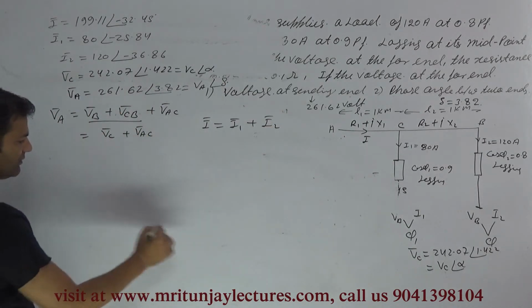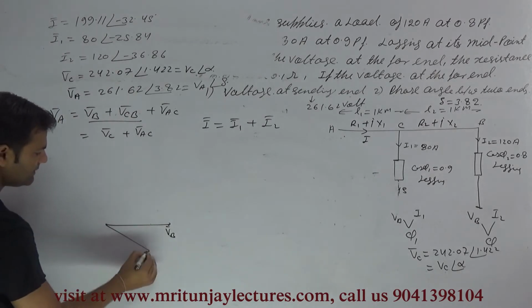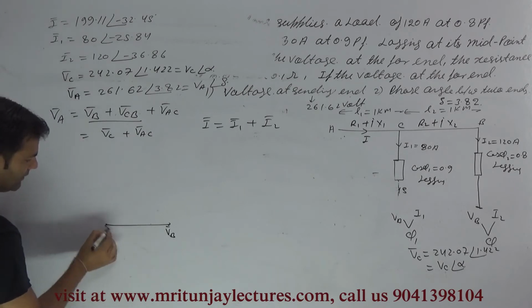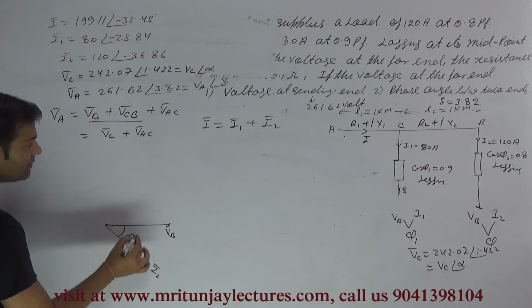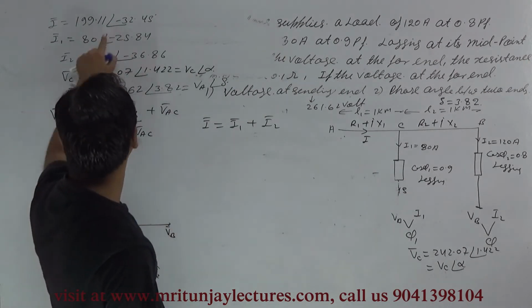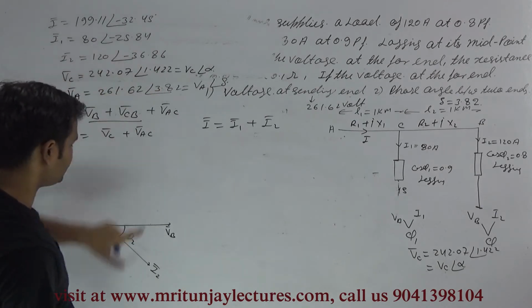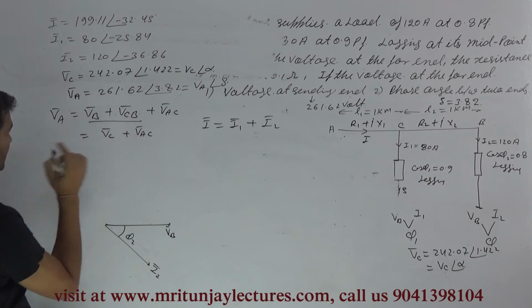So first of all draw VB, and then I2, that is phi 2 angle. Phi 2 angle is minus 36.86, that's why.